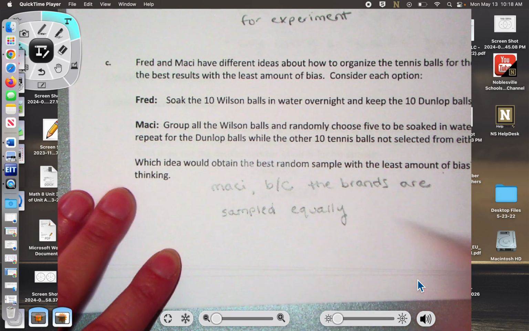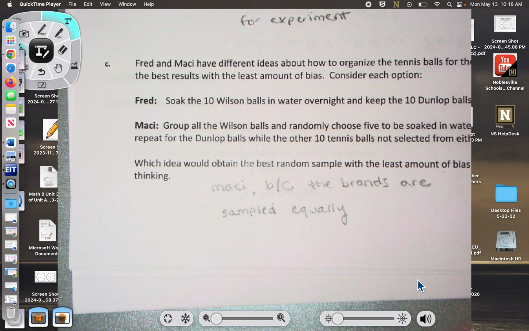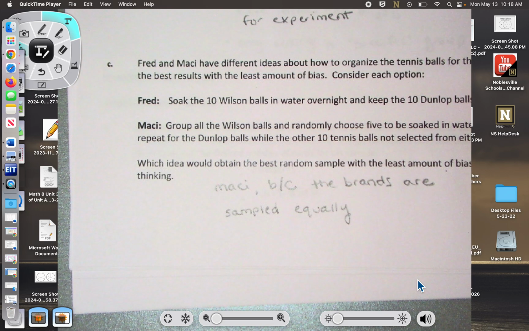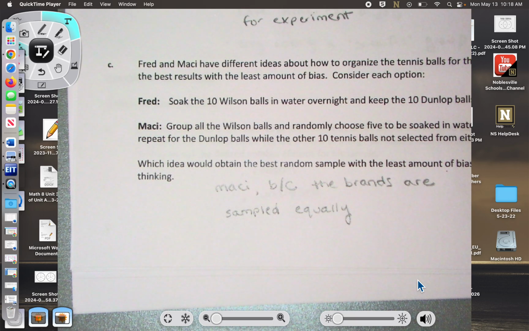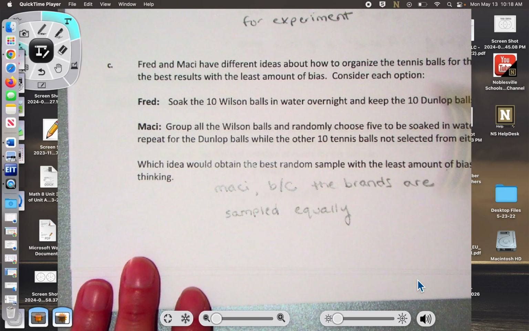So you would have 5 from each brand being wet and 5 from each brand being left dry, and so you can compare those results better. So it's kind of like having 2 experiments within it instead of having like with Fred, you wouldn't know the why. Is it because it's a different brand, or is it because it was left dry or not? So Macy's really narrows down like what's being evaluated.